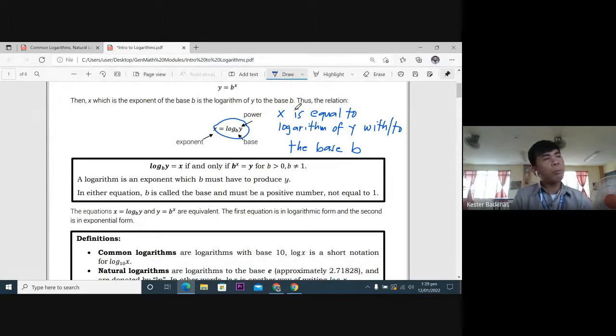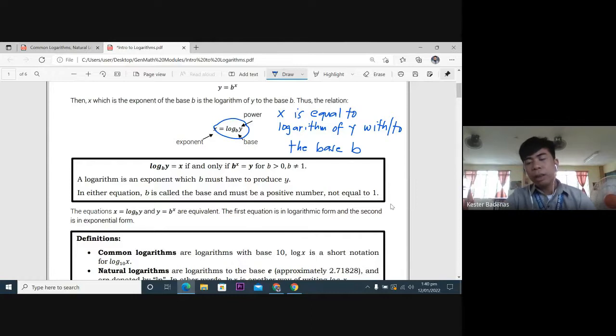So any number will do. It can be a fraction, a whole number, more than 1 million, or even trillions. As long as it is positive and not equal to 1, pwede sila maging base.